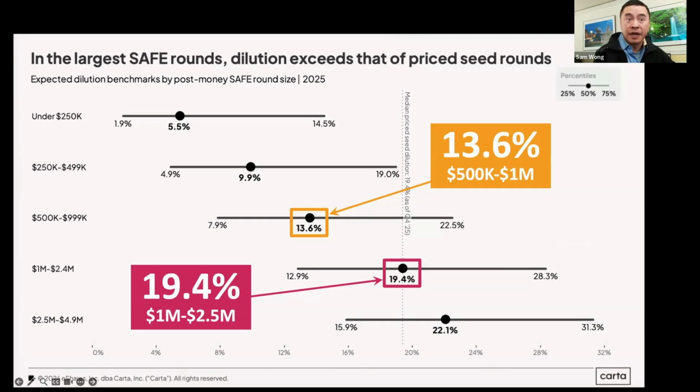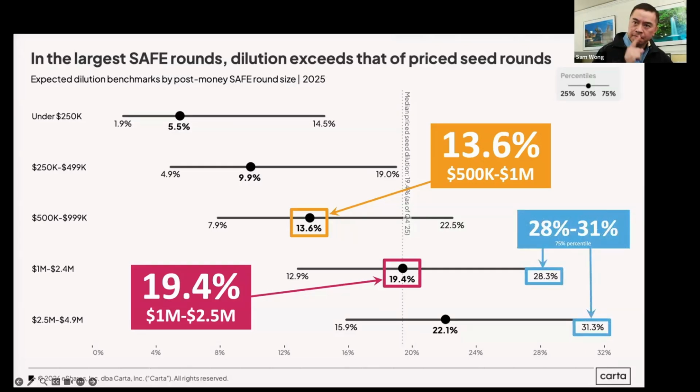But if you look at the 75th percentile, there are startups that suffered 28 to 31% dilution. So the range can be pretty wide. It can be as low as single digits, and it can get as high as 30%.